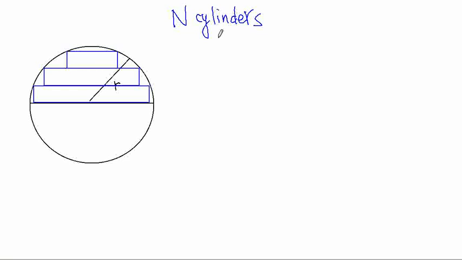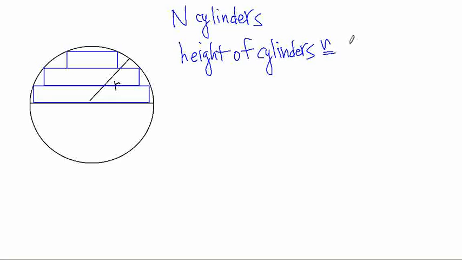So the height of the full stack is approximately the radius r. So the height of the cylinders, each of them, is going to be approximately the height of the full stack, which is approximately r, divided by the number of cylinders. Okay?